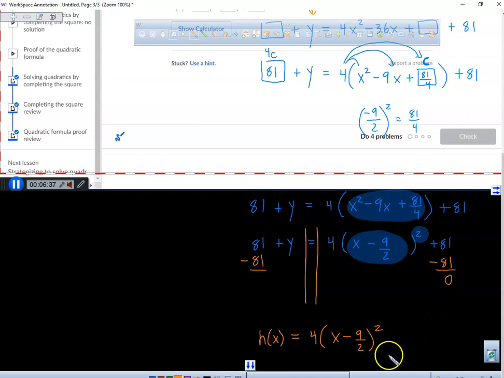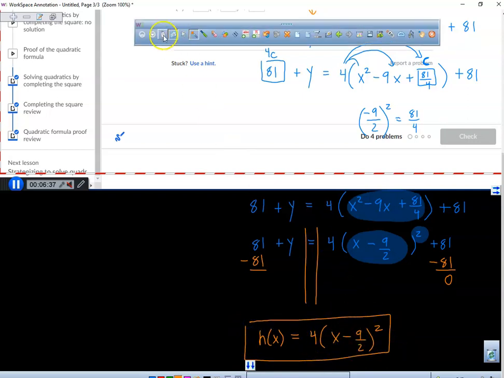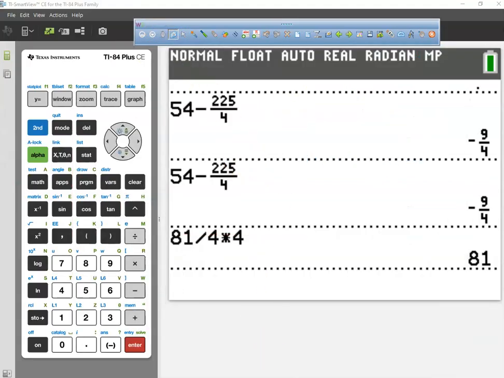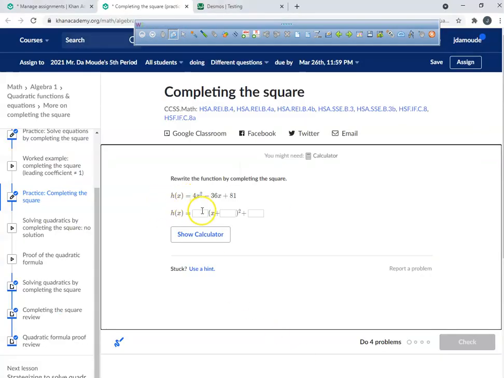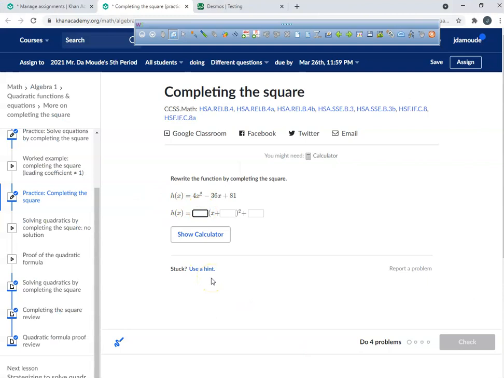Now, in the Khan Academy, they have a space over here. I don't see anything, but I got to type in a 0 for that empty space. All right, so this is your actual answer. This is what it looks like when the square has been completed. So what number will I type in right there? A 4. So I'm going to type in a 4.